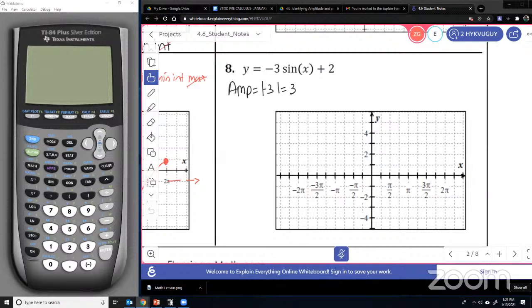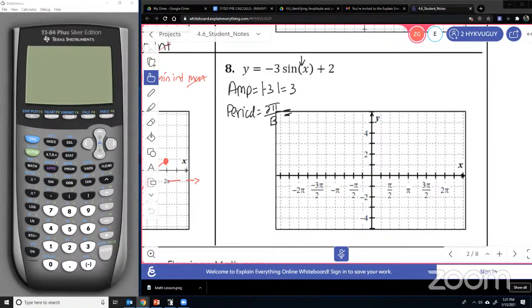The period is 2 pi over b. Remember that b is in front of the x. So let me go ahead and ask Christina, Brittany, and Gael, can you tell me the period?